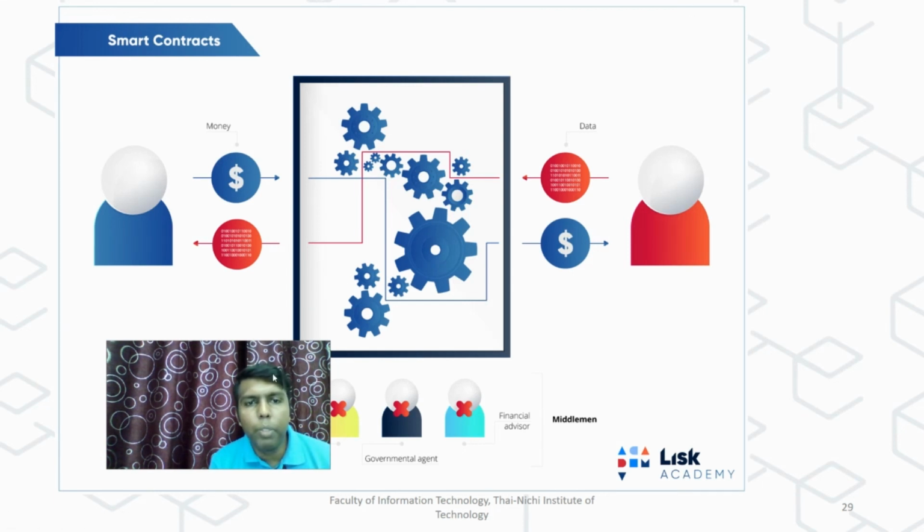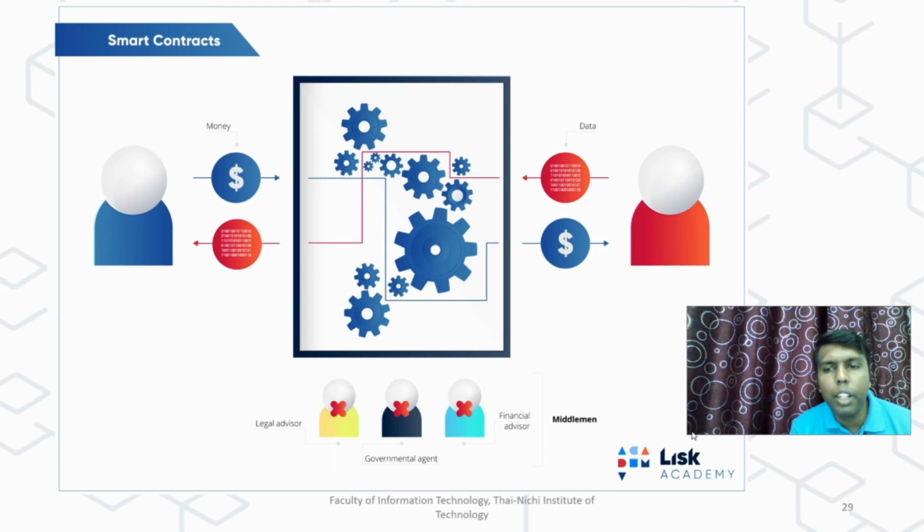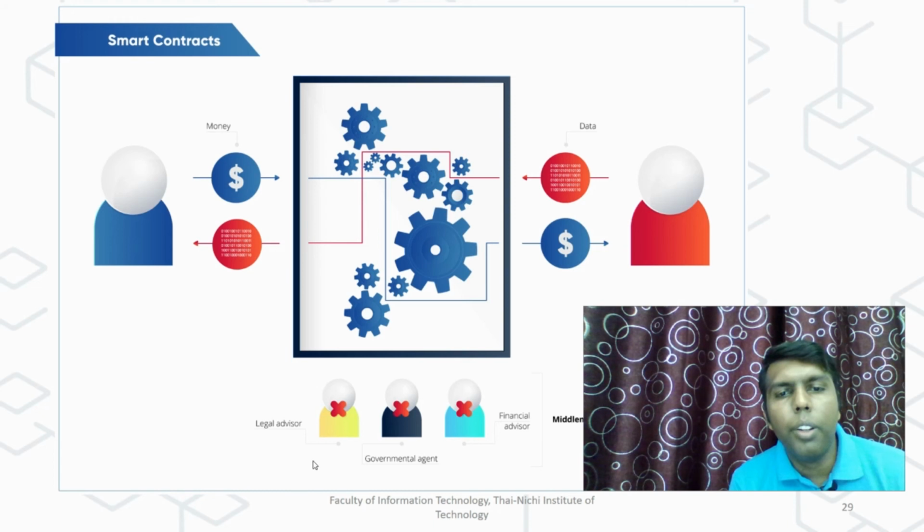Then the smart contracts, we will see in detail about these in the later weeks. Here we don't have the work of middlemen. Who are the middlemen over here? A legal advisor, a government agent or a financial advisor. Normally these people make a lot of money in all the transactions.